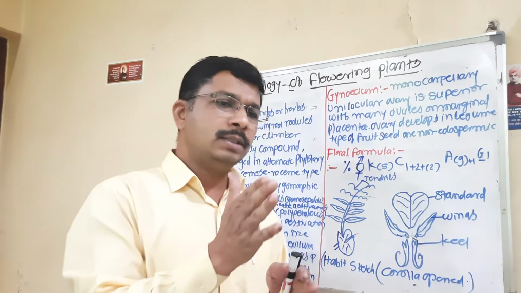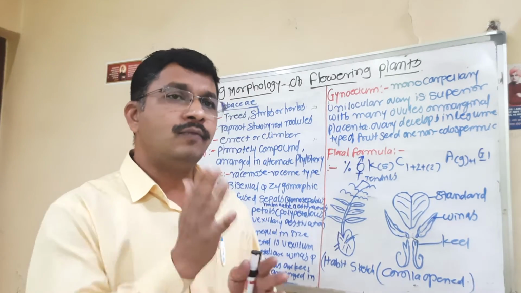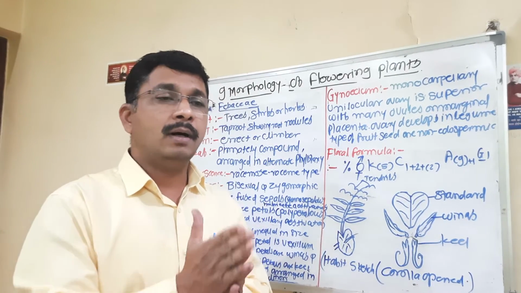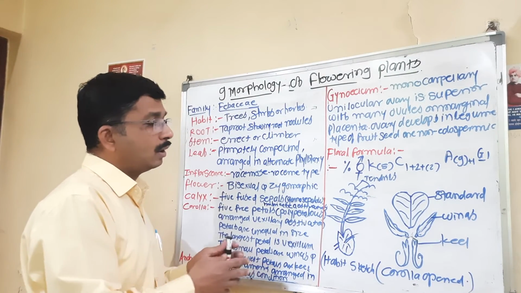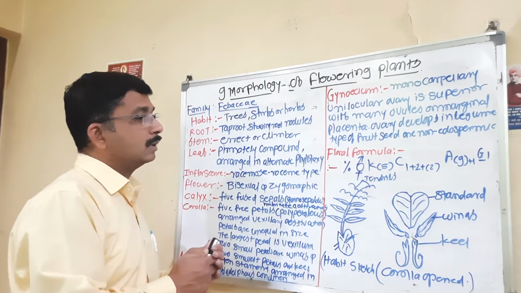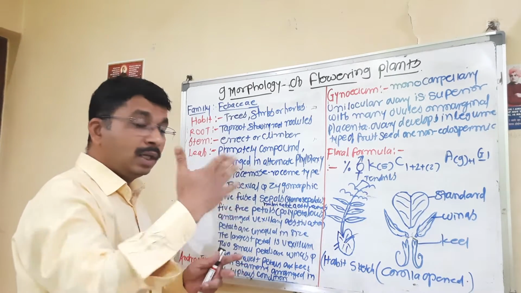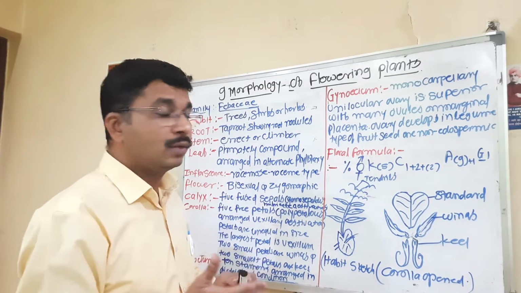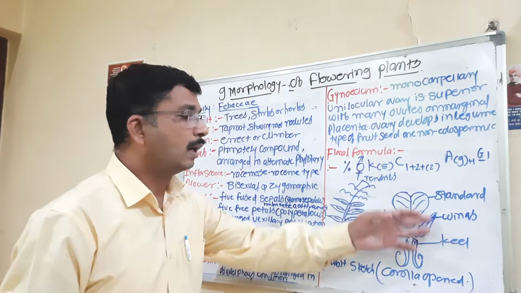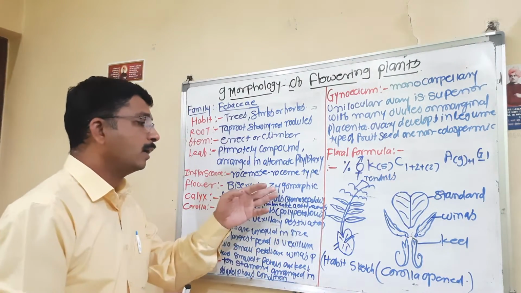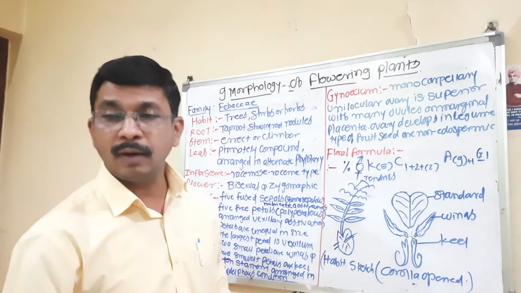That is, androecium and gynoecium are present in one flower. And zygomorphic means that the flower of that particular plant we cannot divide into equal halves. Equally we cannot divide this flower. That's why we call it a zygomorphic flower.